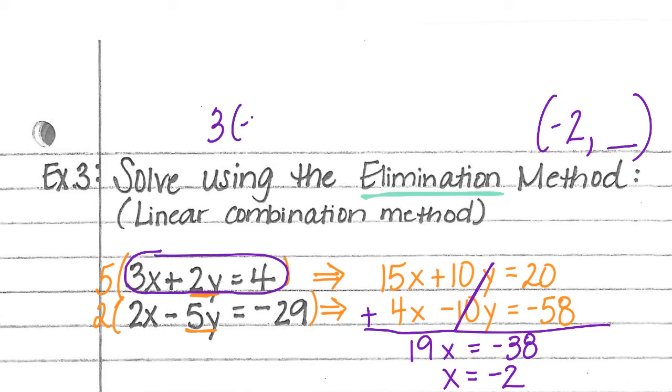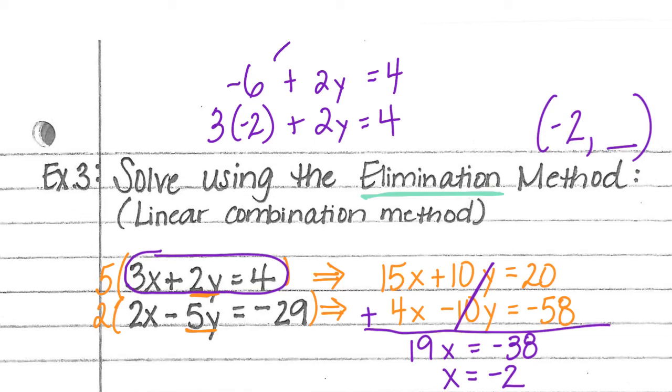3 times negative 2 plus 2y equals 4. Negative 6 plus 2y equals 4. When I add the 6 over, 2y is equal to 10, so y is equal to 5. Now, it is always in our best interest to check our work.